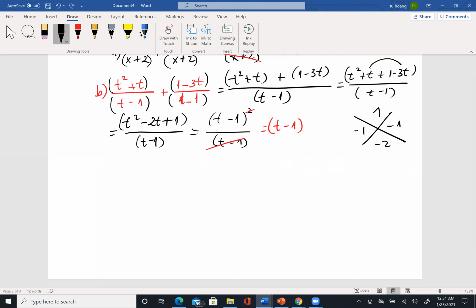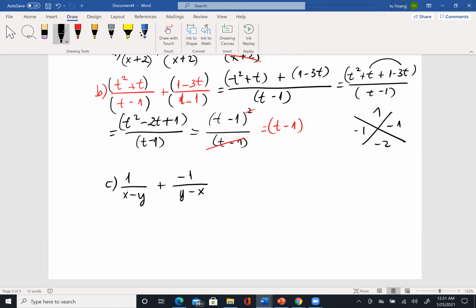Okay. So let me have C here. And in this column, I have 1 over x minus y plus minus 1 over y minus x.